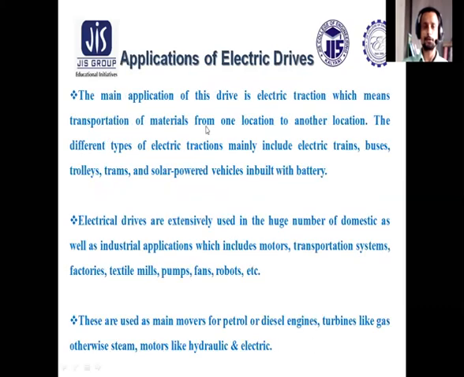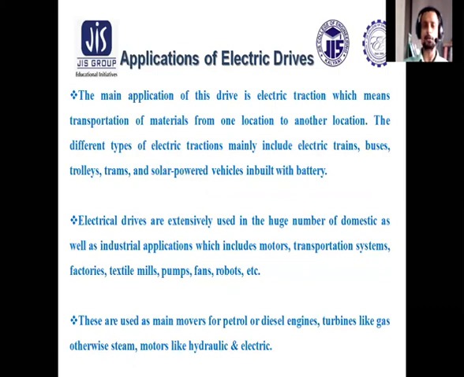So these are the applications of electric drives. Electric drives are applied everywhere. In traction, electric drives are mostly used. Traction means where transportation of material or transportation of people could be done by means of electric trains, electric buses, trolleys, solar powered vehicles, and vehicles with inbuilt batteries, to put more emphasis on green energy and a green environment, to reduce global warming.